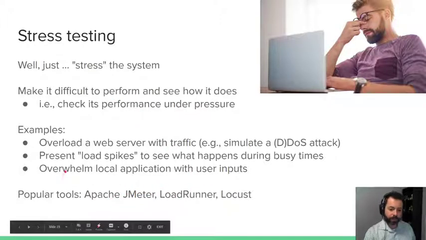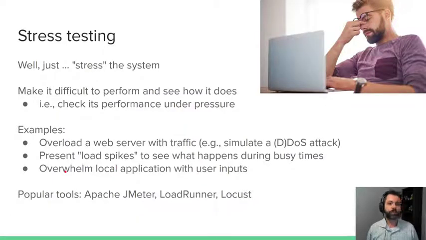So how do you do that? One of the more popular tools out there, especially if you're running a web server or some kind of networked application, is JMeter out of Apache. Nice little open source thing where basically you can just blast a target with requests. I'm not sure how familiar you are with web servers, but every time you make a connection, that creates a new process or a new thread.